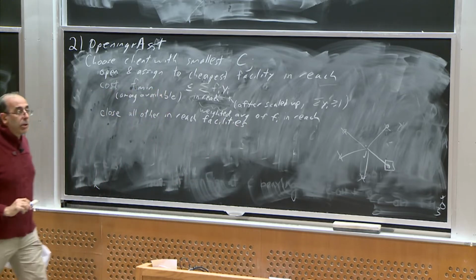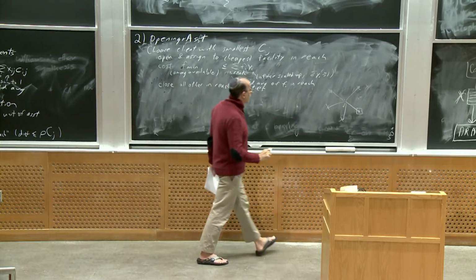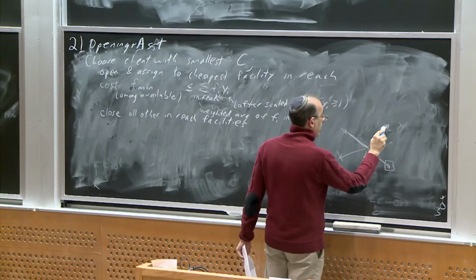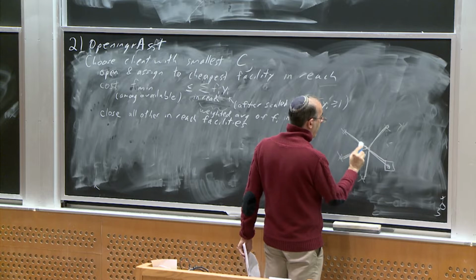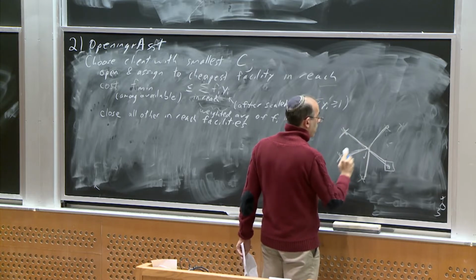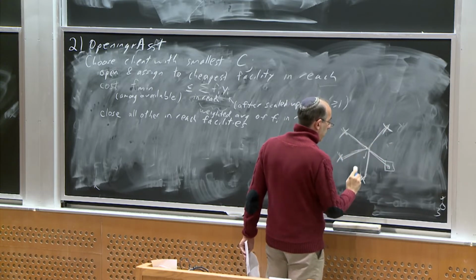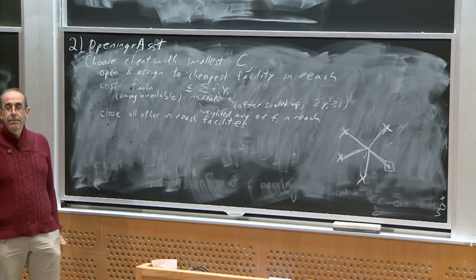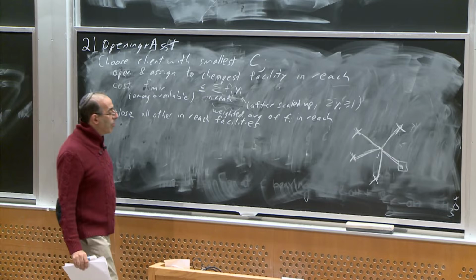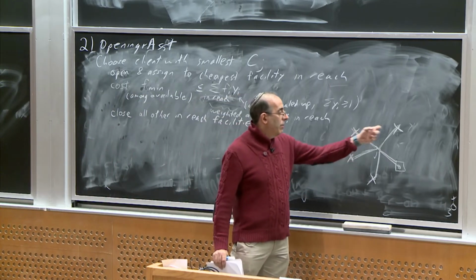So we're going to close all the other ones. We're going to have only one of them open. And that means that our opening of a facility is paid for by the fractional objective function. What's the problem, though, if we're going to be closing all of these other facilities?